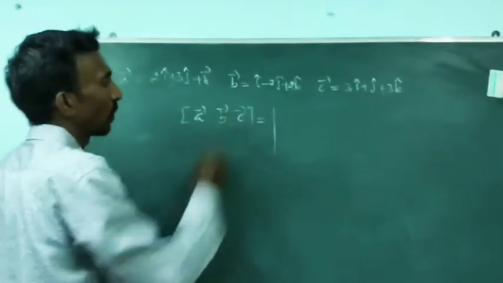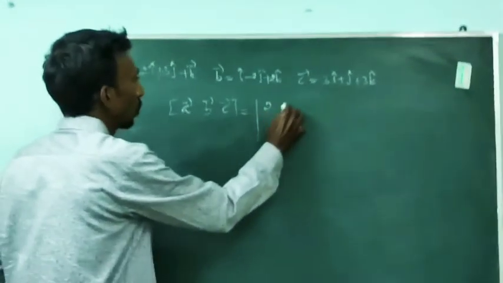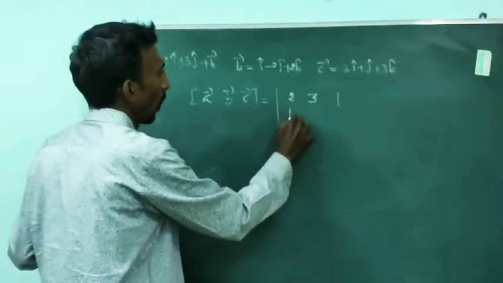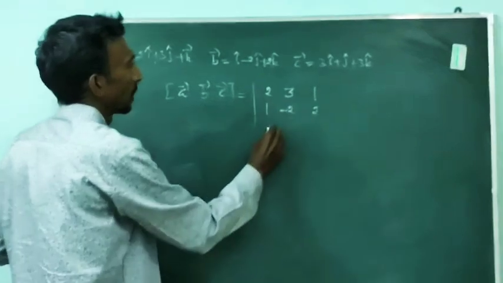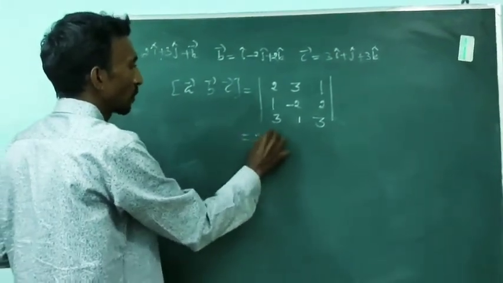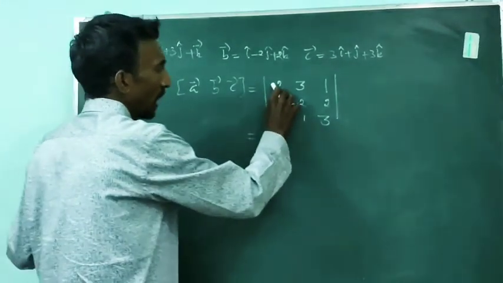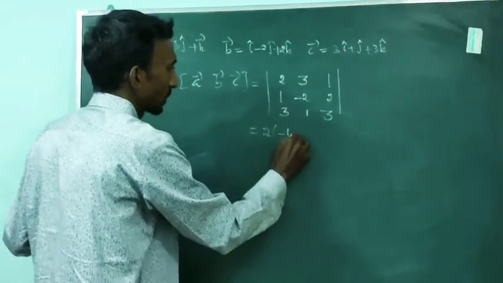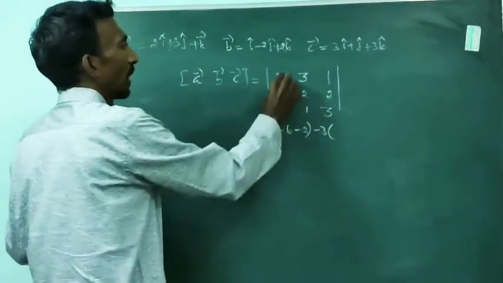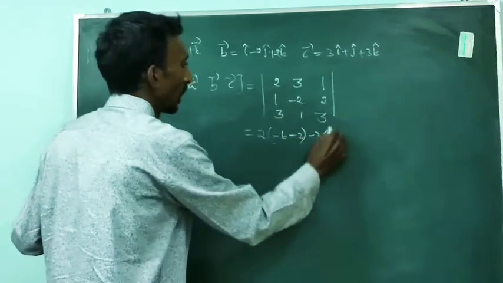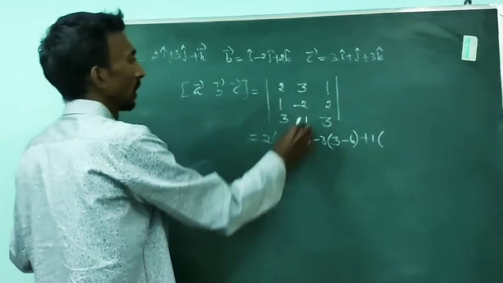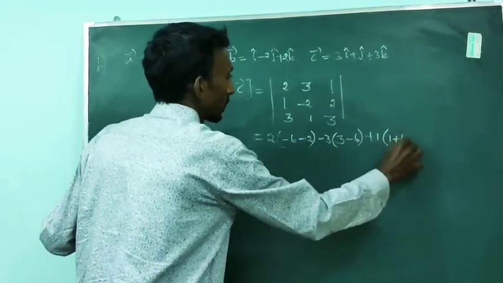As usual, very simple one, determinant method. First row 2, 3, 1, second row 1, minus 2, 2, third row 3, 1, 3 from the third vector. So expand with respect to the first row. Delete that row and column, minus 6, minus 2, minus 3 into, delete that row and column, 3 minus 6, plus 1 into 1 plus 6.